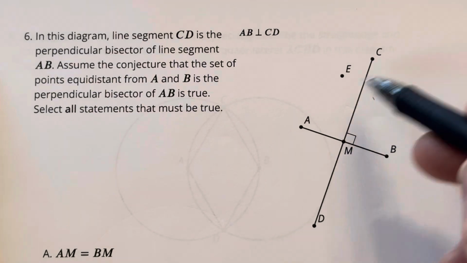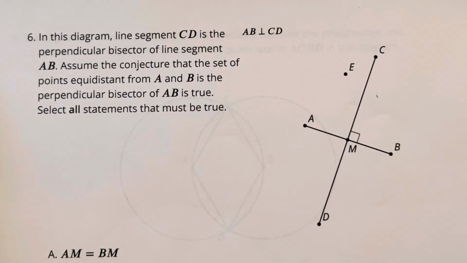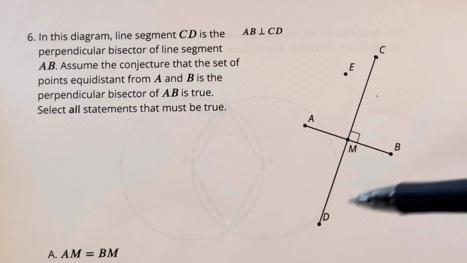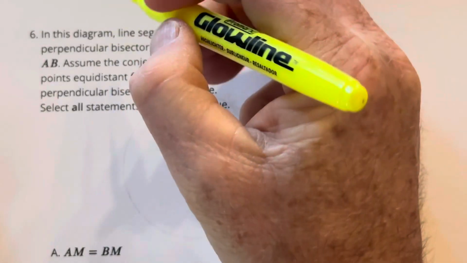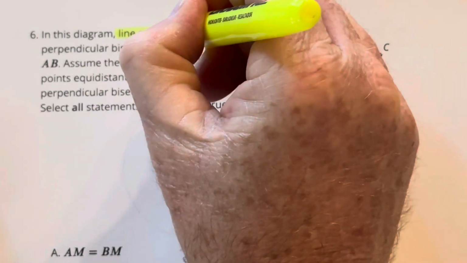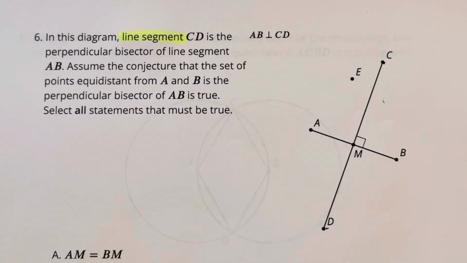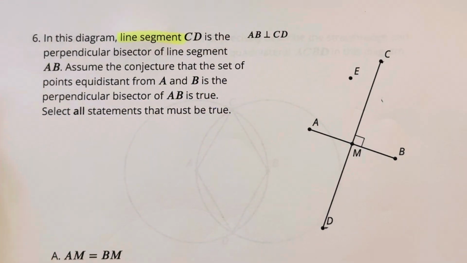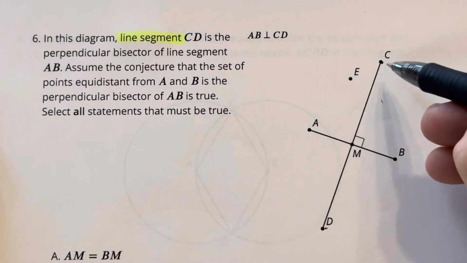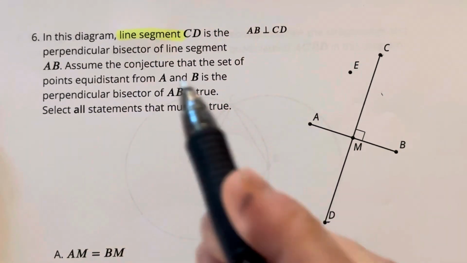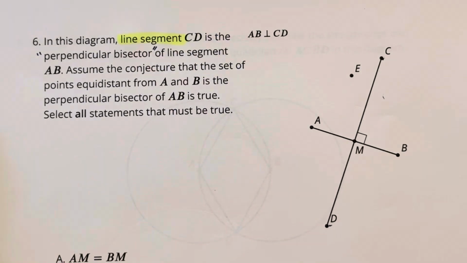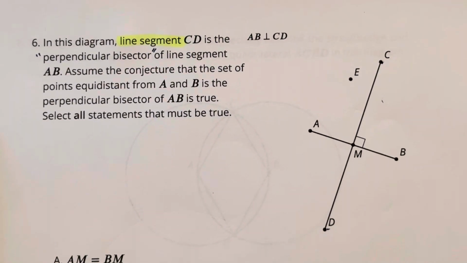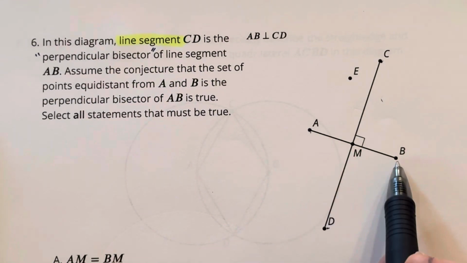In this diagram right here, line segment CD, so remember line segment, keyword, has a starting point and an ending point, and use a straight edge to connect them. They're saying CD, line segment CD, is the, there it is again, perpendicular bisector of line segment AB. Line segment AB, starting point, ending point.